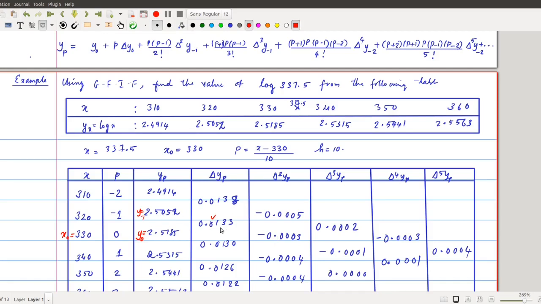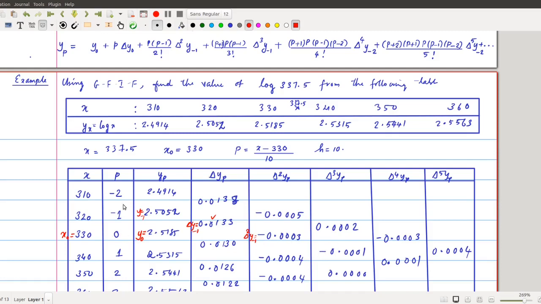So that is this one, this is delta y minus 1. So delta of delta y minus 1 is delta square y minus 1. This is our delta y minus 1, and delta of this, that is this minus this, gives delta square y minus 1, that is this number.